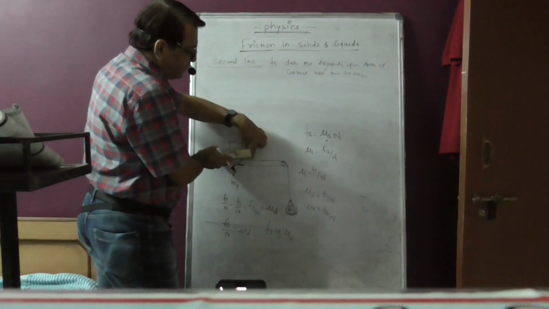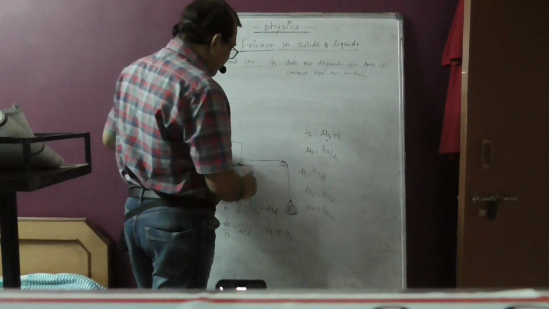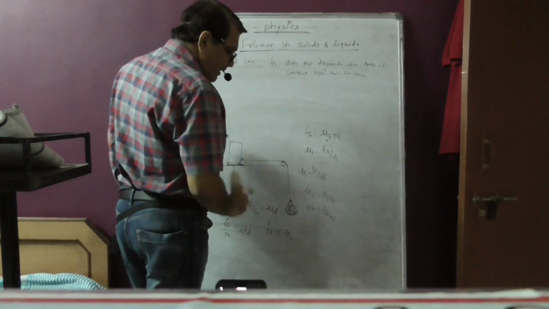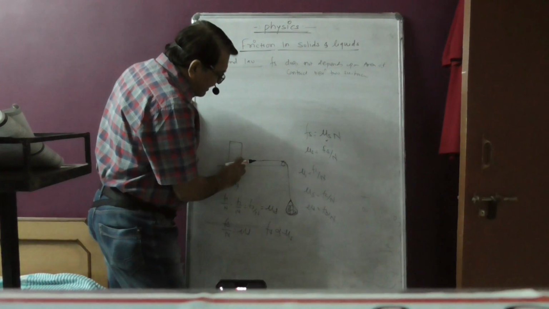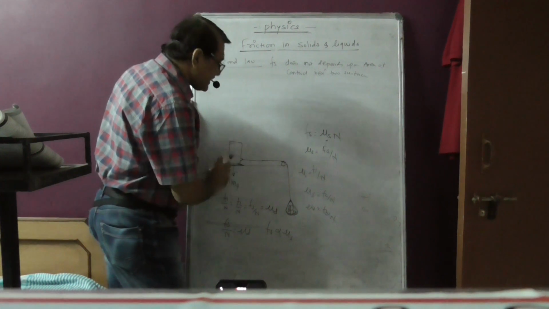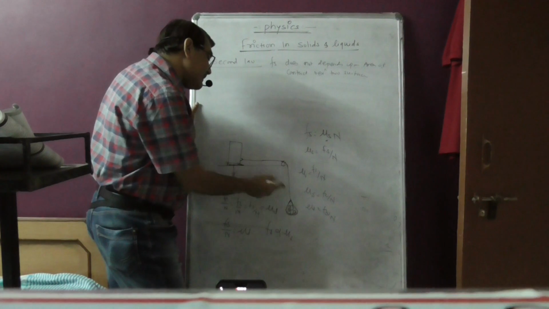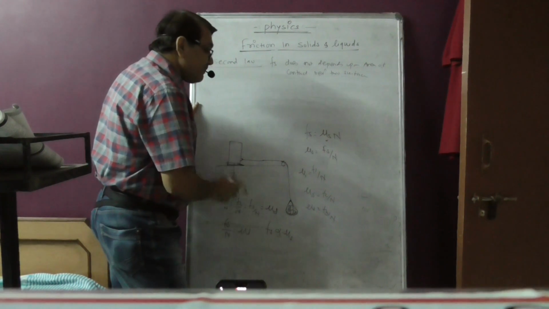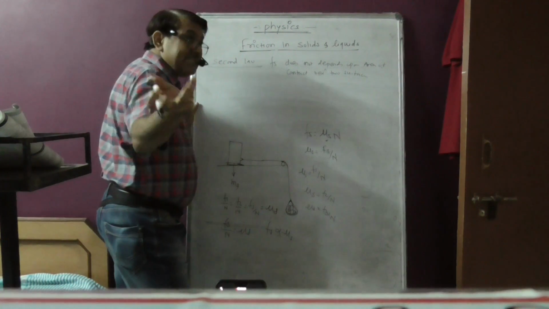So instead of this larger surface area, I will take the smaller surface area lying on the body. Now you see here, in that case the area coming in contact with the other surface of the block will be less as compared to the first case. But still the force of friction will be the same, meaning the weight required to move that block remains the same.